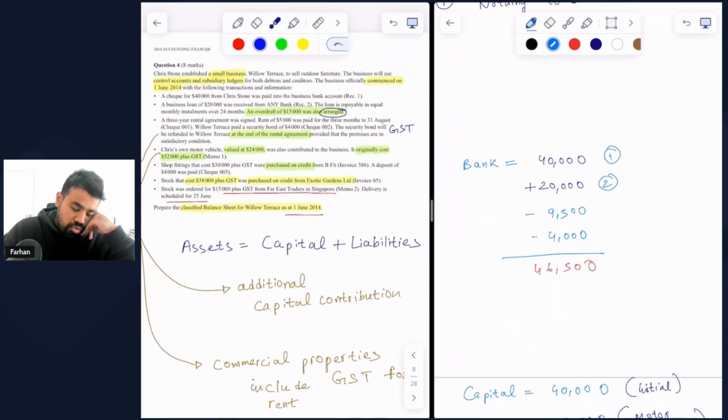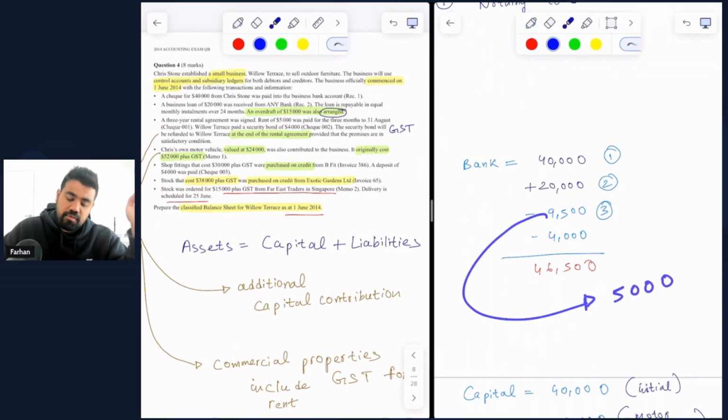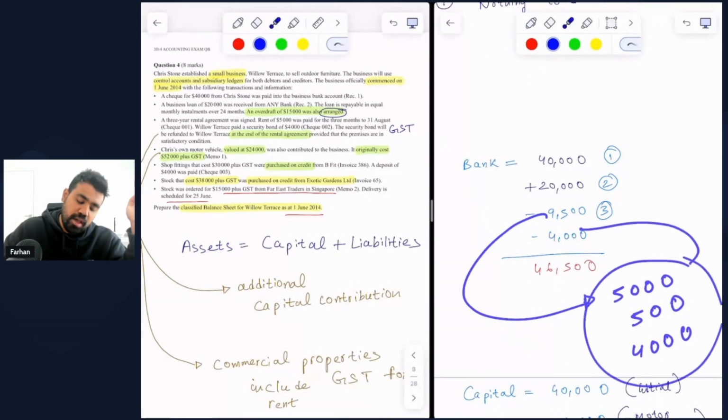Then transaction number 3, which refers to the rental agreement. And if you recall, it was 9,500 in total, which we have paid, and that is why it's in minus here. It was 5,000 for prepaid rent, 500 for GST paid, and 4,000 for security bond. And altogether, this makes it 9,500 in total.